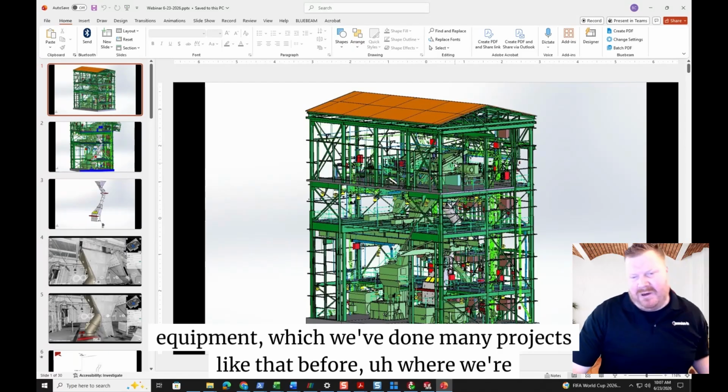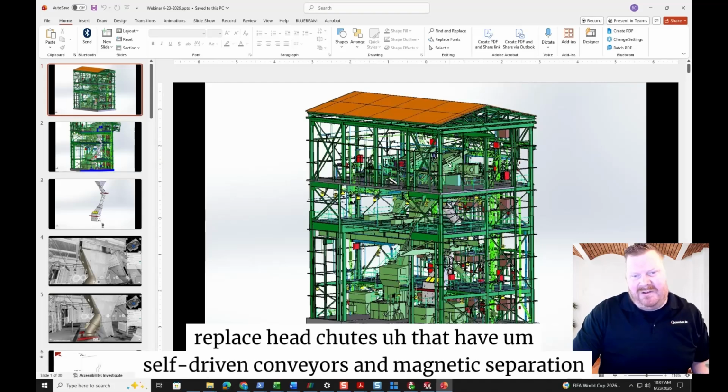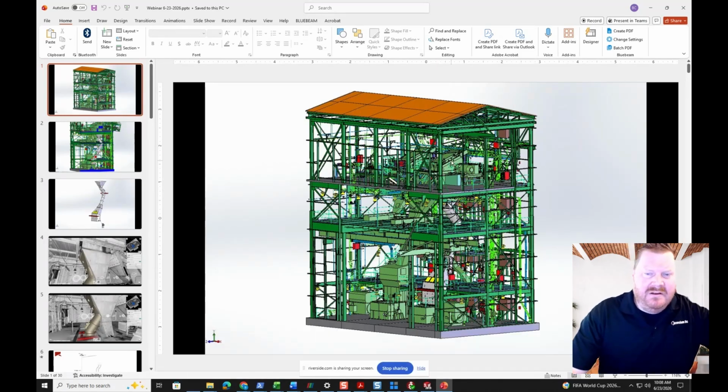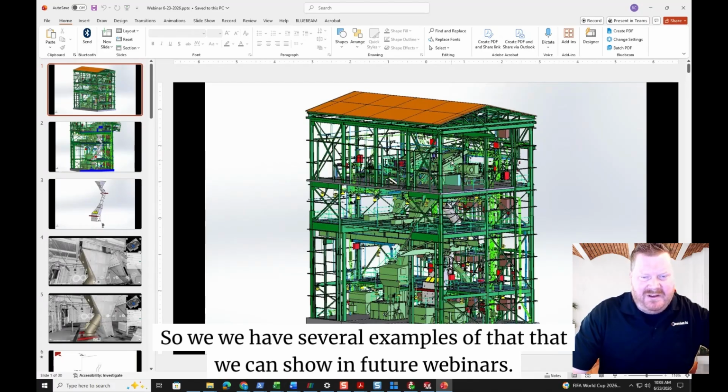We've done many projects like that before, where we replace head chutes that have self-driven conveyors and magnetic separation, and then it gets dumped into what's called a tramp iron chute and exits the building. So we have several examples of that we can show in future webinars.